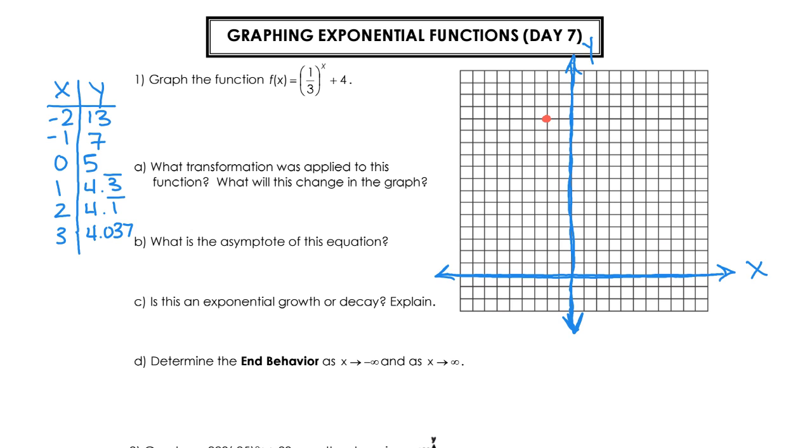Okay, -1, 7, 0, 5, 1, and just a little bit above 4, 2, and really just a little bit above 4. And now I think they're getting a little too small to go ahead. So I'm going to go ahead and use a nice smooth curve.